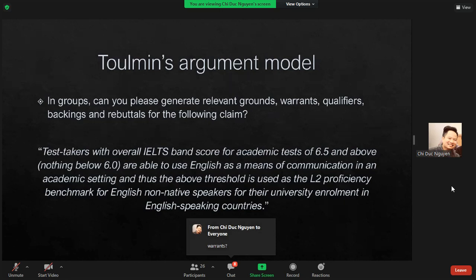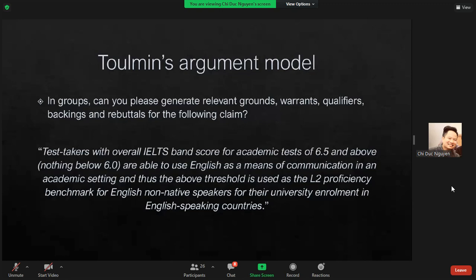Yeah. So for example, after I have gone out there and interviewed the students who have already achieved 6.5 on the IELTS band score, and they say that, okay, with a 6.5 band score, I can perform very well in my university with all the assignments with the speaking, writing, listening, and reading that are required in my setting.